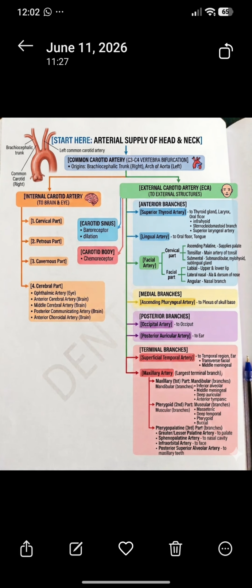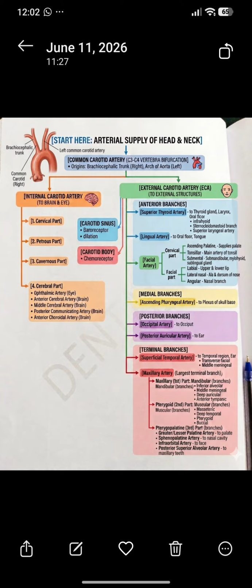Okay, we learned about the arch of aorta, its division into the brachiocephalic trunk on the right side, and on the left side the left common carotid artery and left subclavian artery. The right brachiocephalic trunk subdivides into the subclavian artery and common carotid, further subdivided into internal carotid artery and external carotid artery. The external carotid artery has different branches: anterior branches, superior thyroid artery, lingual artery, facial artery.